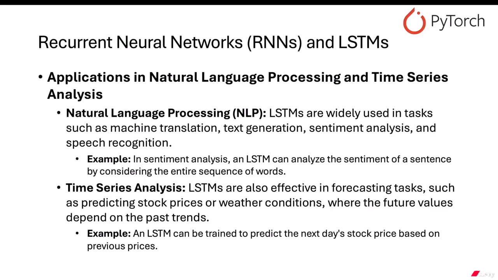Time series analysis: LSTMs are also effective in forecasting tasks such as predicting stock prices or weather conditions, where the future values depend on the past trends. For example, an LSTM can be trained to predict the next day's stock price based on previous prices.